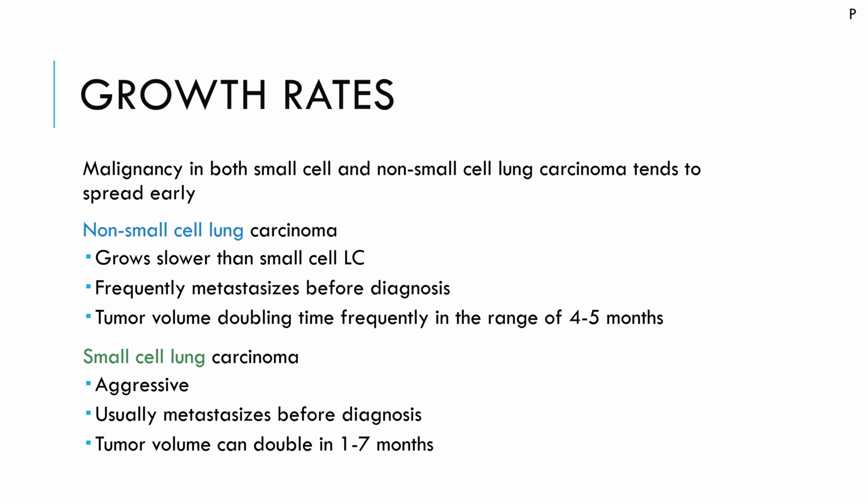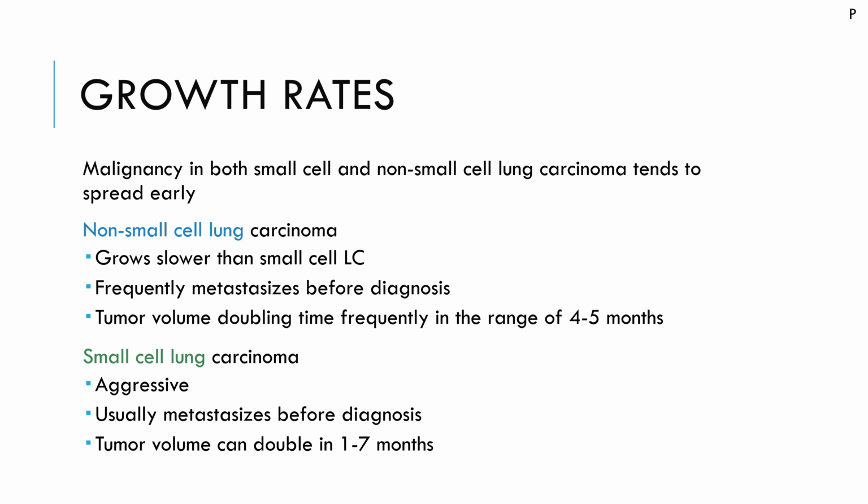Part of this has to do with the growth rates of the tumors. So a note again that malignancy is a frequent occurrence in both small cell and large cell lung cancers, and it occurs early. Non-small cell lung carcinomas grow faster than small cell lung carcinomas, and they frequently, again, metastasize before diagnosis.